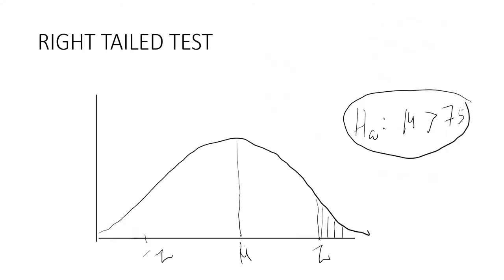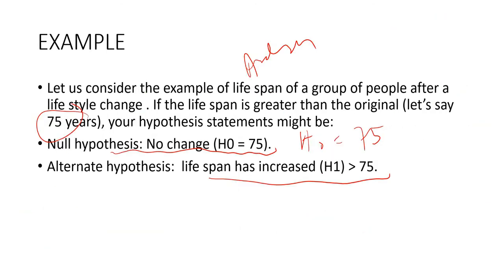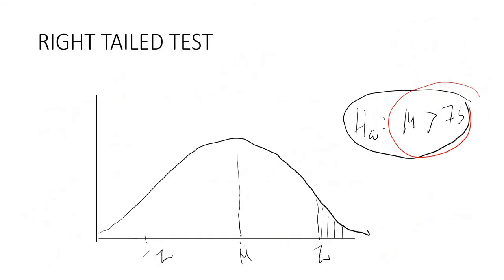Now you will understand what a right tail test is. In the example I told you, 75 is the lifespan before the lifestyle change. H1 or HA denotes the alternate hypothesis.